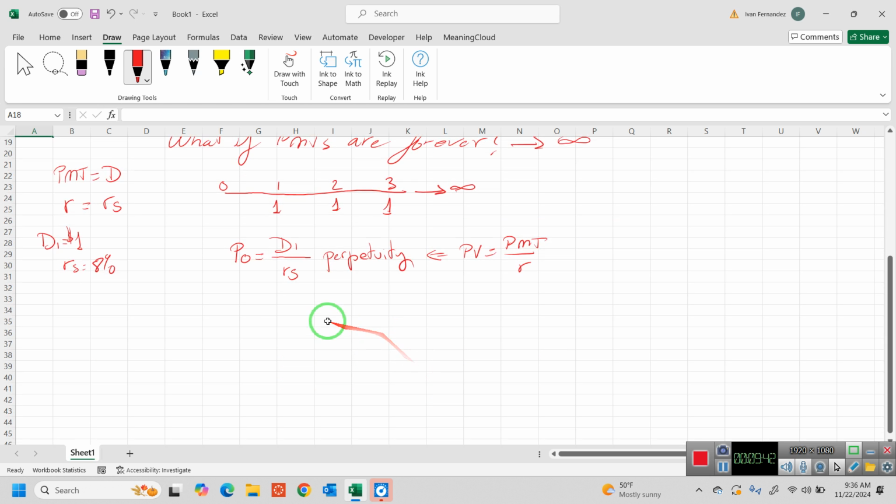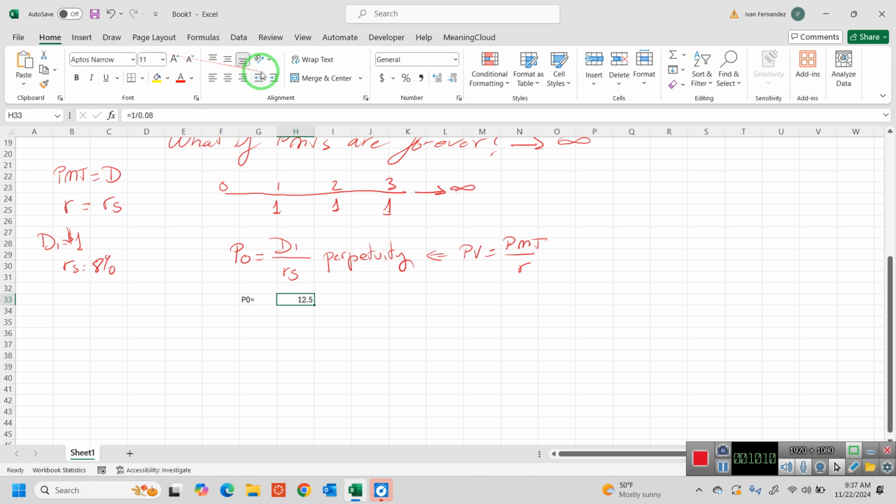Okay, so now let's do the math. 1 divided by 0.08, which is the required return. Notice it's not 1.08. It's not 1 plus the required return. It's just the required return, 0.08.